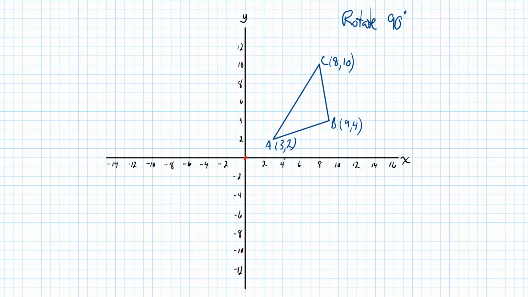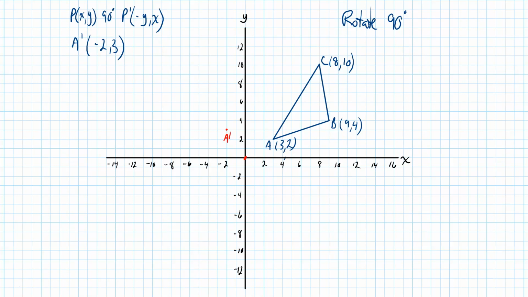And since we're rotating 90 degrees, we know that our general rule said P of x and y for a 90 degree rotation will give us P prime of -y, x. So if we look at our A at 3, 2, that means our A prime will be -2, 3. Plotting that on our Cartesian plane, we go -2 and up 3, and that gives us A prime.